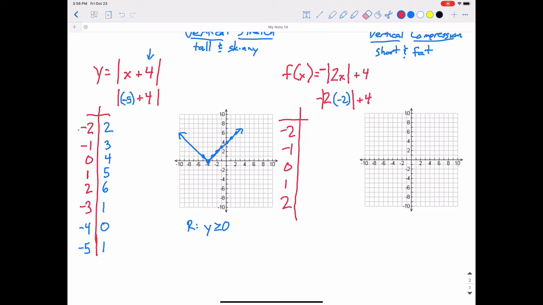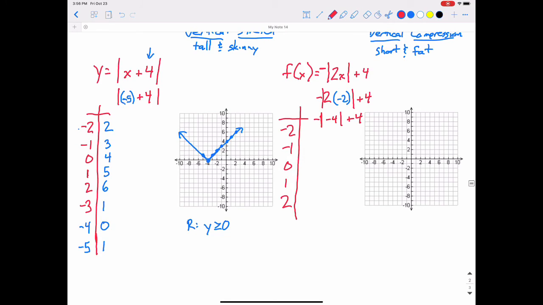I'm going to have negative absolute value of 2 times negative 2, and that's going to be negative 4, plus the 4 that's already on the outside. The absolute value of negative 4 is 4, but this negative on the outside does not affect it. So it's still negative 4, and negative 4 plus 4 is 0. So when x is negative 2, we get a y value of 0.